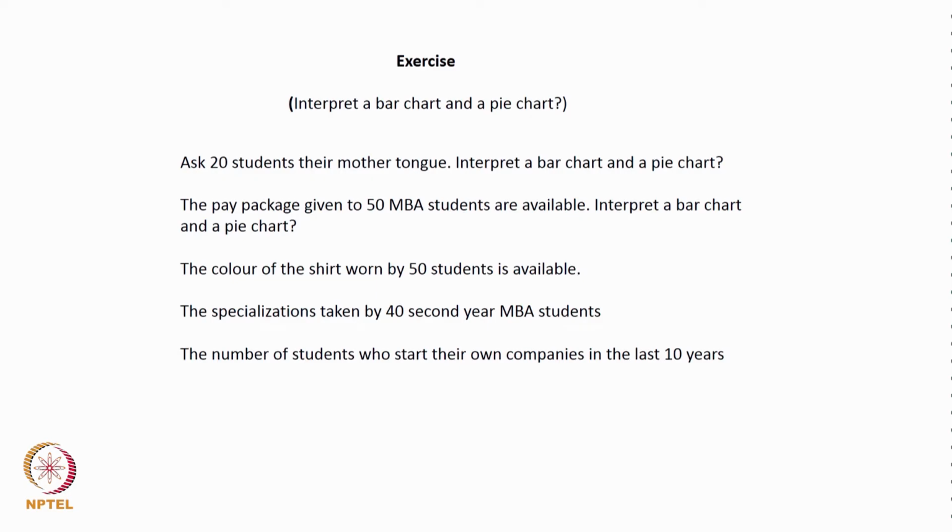Color of shirt owned by 50 students is available, once again bar chart, unless we want to generalize. Specializations taken by MBA students, bar chart, but then we would look at a pie chart only if we want to generalize and finally say that out of MBA students 20% take this specialization, 15% take another specialization and so on.